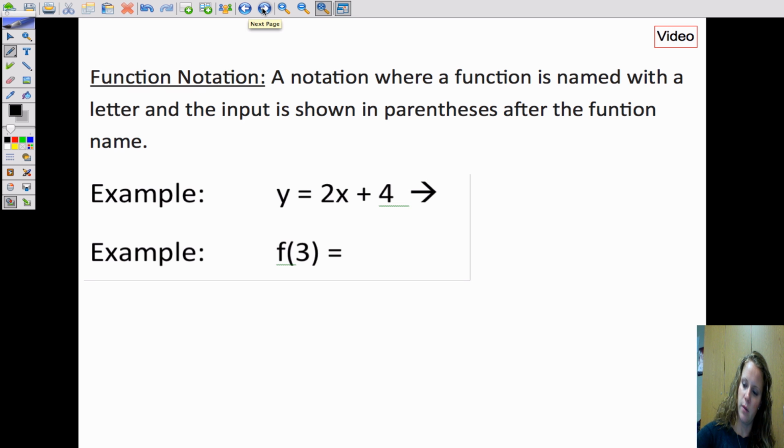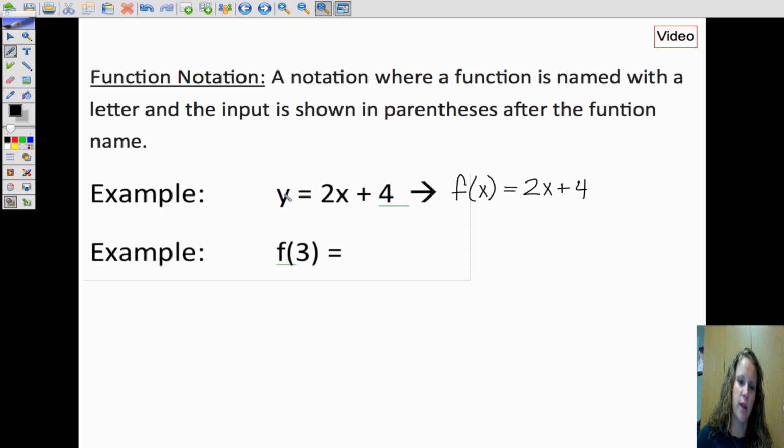So basically what we're doing here is instead of saying y equals 2x plus 4, we're now going to usually say f of x equals 2x plus 4. The reasoning behind that is that this is mostly used when we have multiple equations.